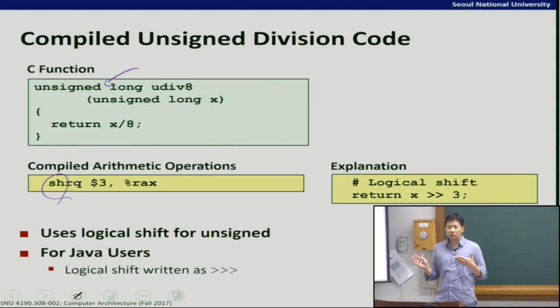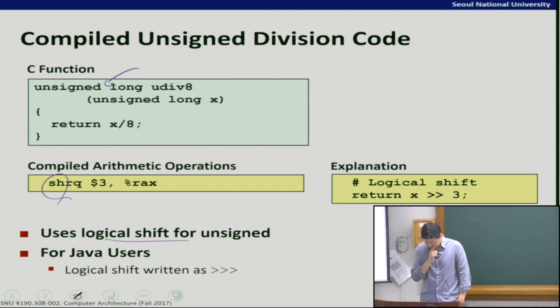So the easiest way to implement this is to shift this number to the right by 3 bits. It uses a logical shift for unsigned values. To be precise, for unsigned numbers, logical shift and arithmetic shift are the same, because, actually, that's not true.